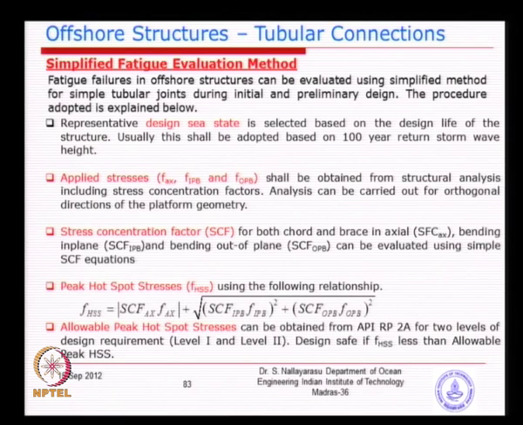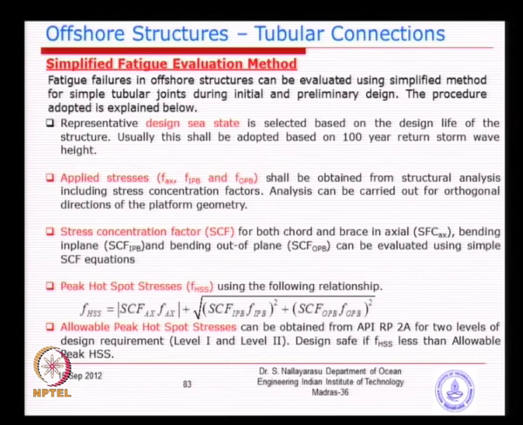Stress concentration factor is the ratio of the local stress to the nominal stress, and then you find the combined effect of axial plus bending including the concentration factors. Basically this is the SRSS value of your in-plane and out-of-plane, because it is a circular shape, and before you do the SRSS you multiply by the corresponding stress concentration factor.